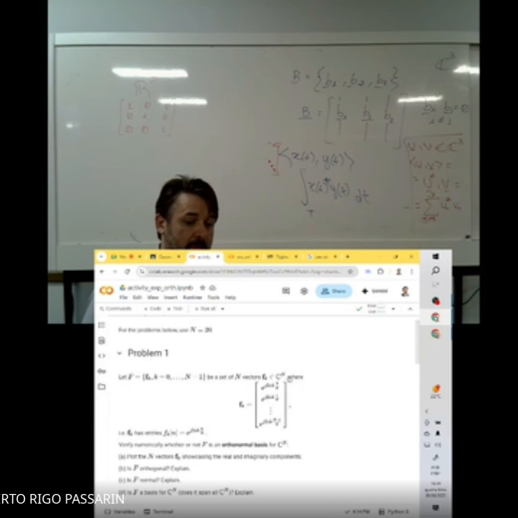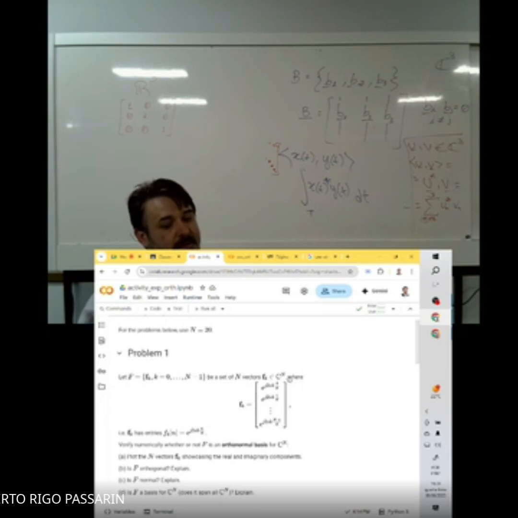So the complex exponentials are a basis for any periodic discrete signal. And then in two weeks, we're going to do the inner products to find the coefficients.